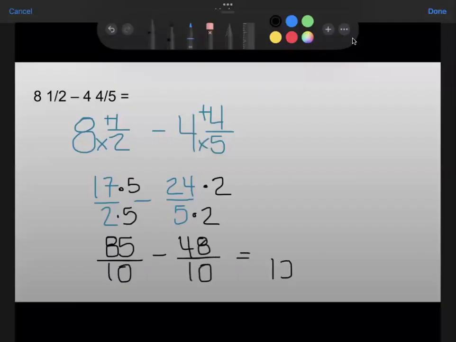Keep the 10 the same, and then just subtract 85 minus 48, and you end up with 37. Hey, this looks familiar. This is just like the last one, except it's not negative. That means I know that 10 goes into 37 3 times, and then I would have 7/10 left over. So that would be the final answer here, 3 and 7/10.